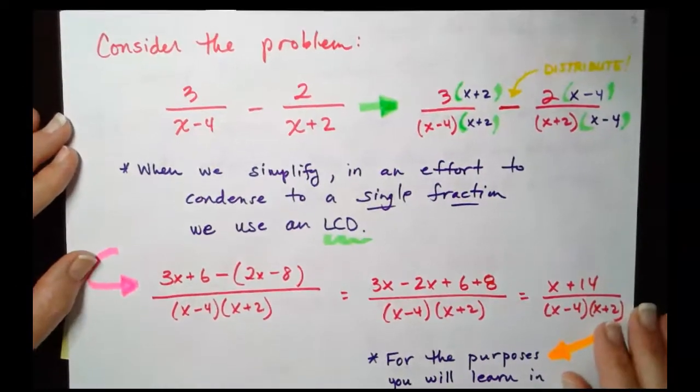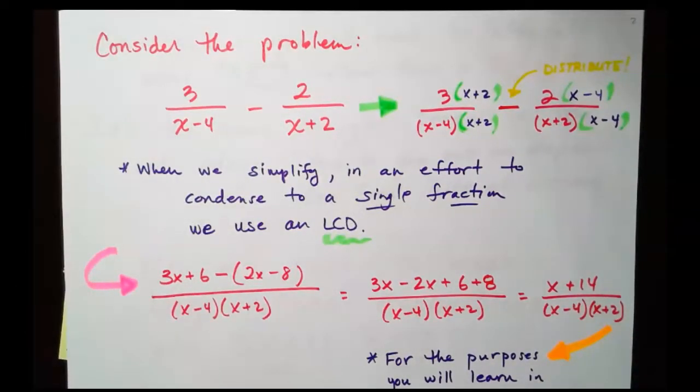So we want to consider this problem: 3 over x minus 4 minus 2 over x plus 2. And if we get a common denominator here, that common denominator is going to be the product of x minus 4 times x plus 2.